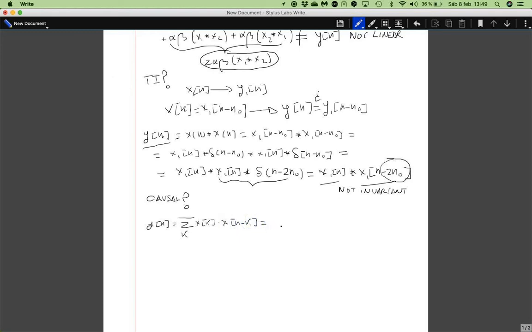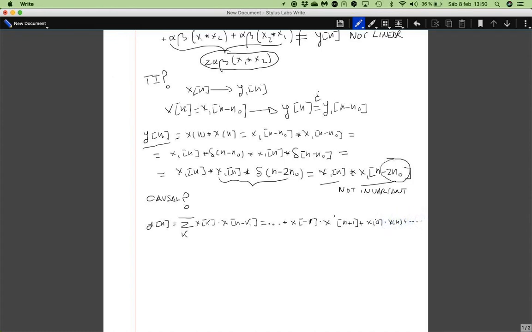So this summation typically has a lot of terms coming from infinity, but for example, we can stop and check that for k equal to -1, we will have x[-1] multiplied by x[n minus -1], so x[n+1]. The next term, for example, will be x[0] multiplied by x[n], plus a lot of terms to the right.